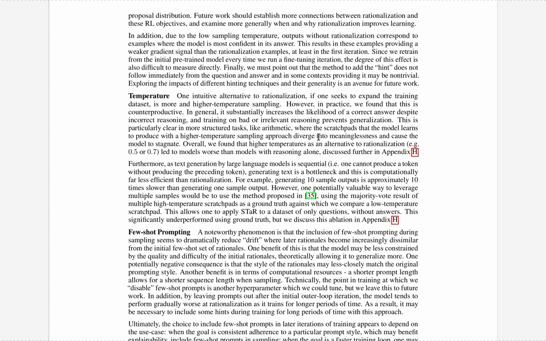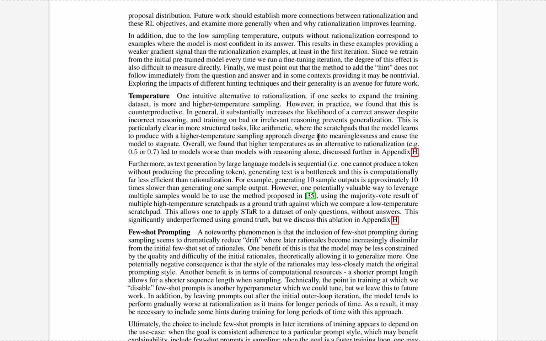Furthermore, as text generation by large language models is sequential, i.e. one cannot produce a token without producing the preceding token, generating text is a bottleneck, and this is computationally far less efficient than rationalization. For example, generating 10 sample outputs is approximately 10 times slower than generating one sample output.